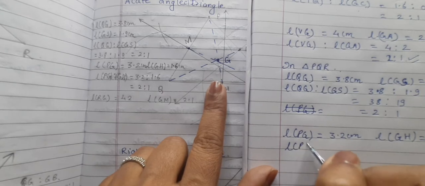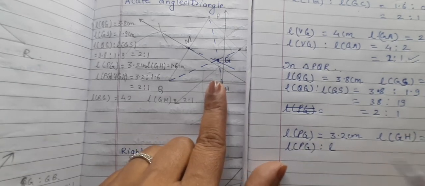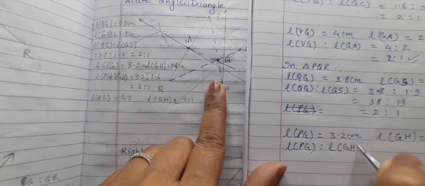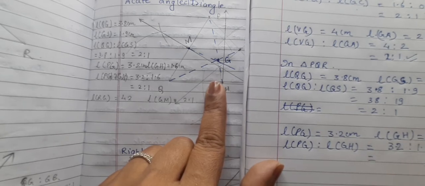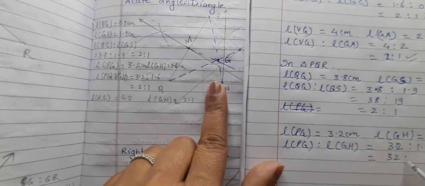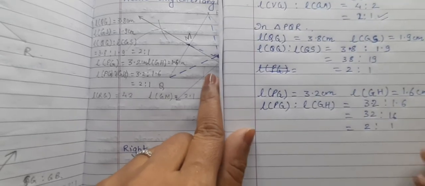When the ratio is calculated, length of PG to length of GH is 3.2 to 1.6, that will be equal to 32 to 16, equal to 2:1.